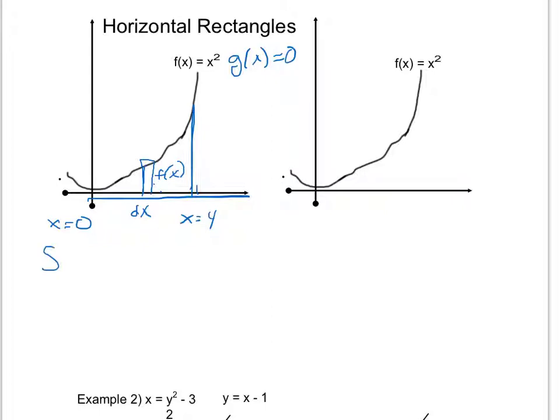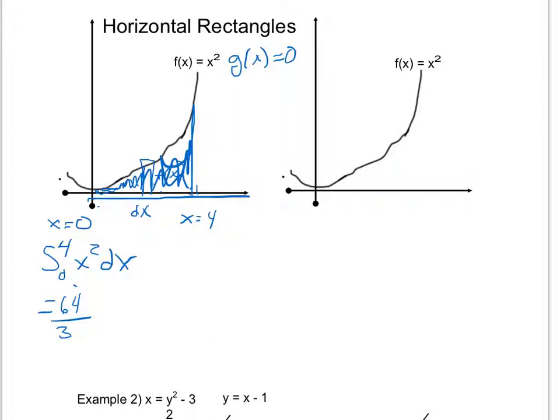All I do is say the integral from 0 to 4 of x squared dx. I can enter that into my calculator, or I can integrate it myself. Either way, I get 64 thirds. That would be using the vertical rectangle. This 64 thirds represents the area between these two curves and between x equals 0 and x equals 4. So all of this in here.